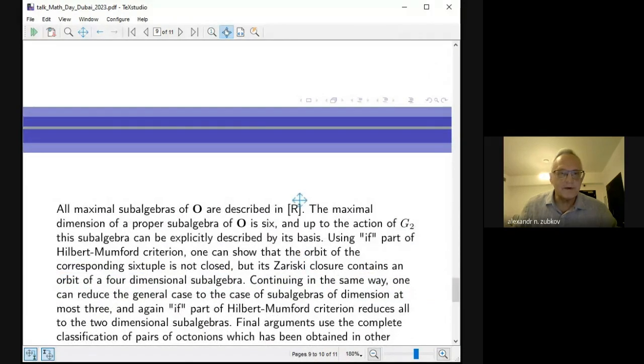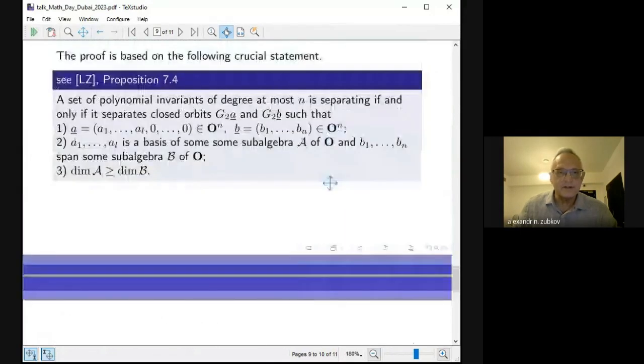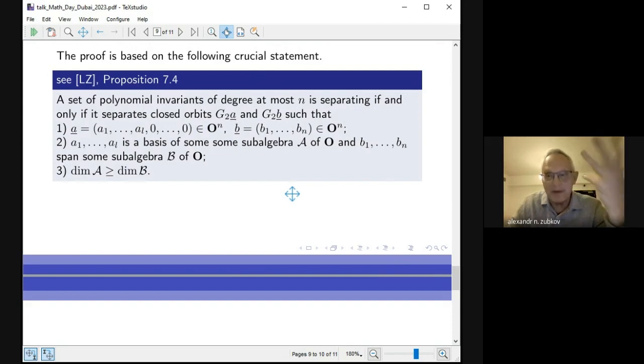I'm not going to describe it here, but the answer is as follows. The maximal subalgebra has dimension at most 6, and the subalgebra of dimension exactly 6, up to the action of our group G2, can be described: its basis can be described explicitly.